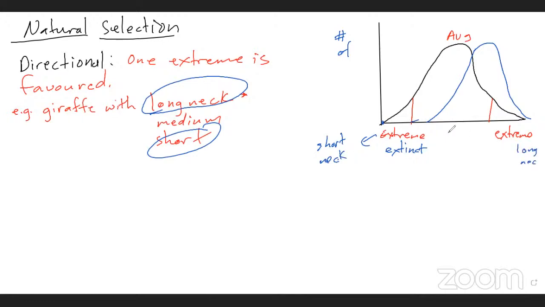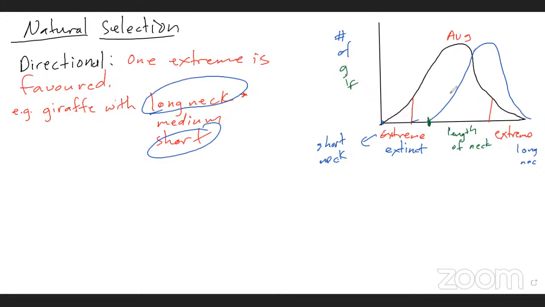On the x-axis, it would be the length of the neck. So the number of giraffes with long necks would increase. Notice again, it would start about here because you don't have any giraffe with a short neck. They are extinct. So in directional selection, one extreme is favored.